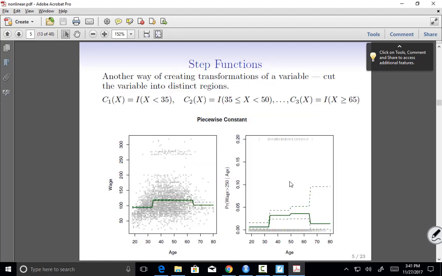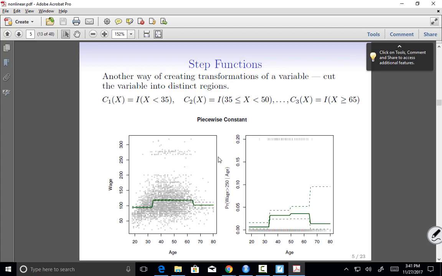Here is an example of step functions. It's the same data set. So bottom left is the same scatter plot with the gray points. But instead of a polynomial of degree 4, we're using so-called step functions to represent the data.